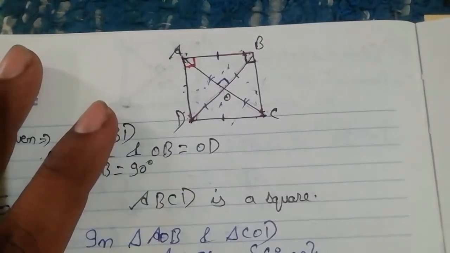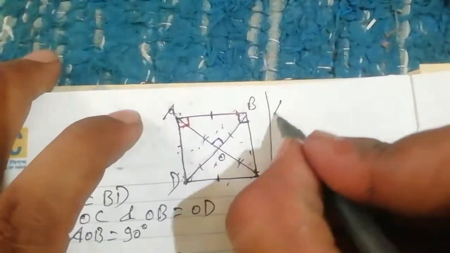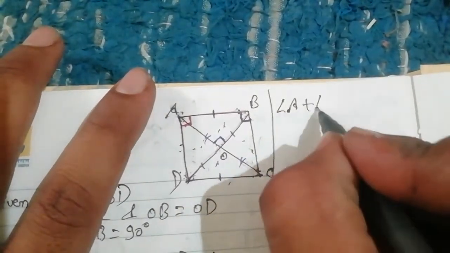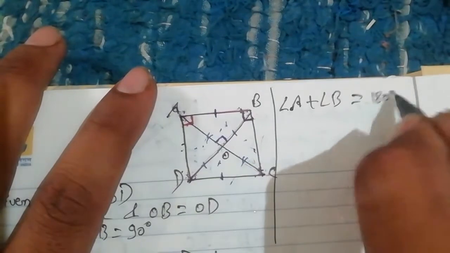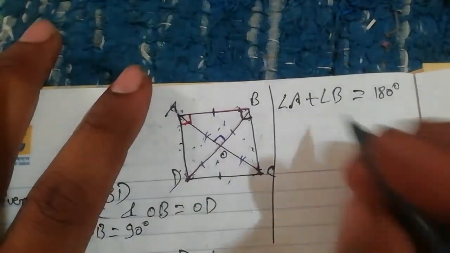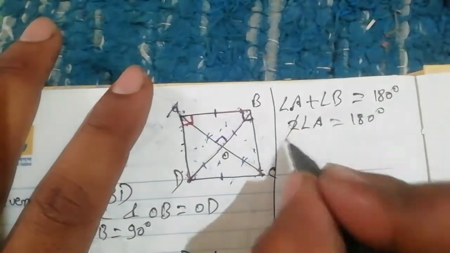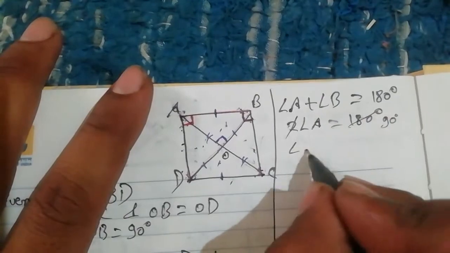So we can say that their sum will be 180 degrees. So angle A plus angle B is equal to 180 degrees, but we have proved that these two angles are equal. So here we can write 2 angle A is equal to 180 degrees, and angle A will be 90 degrees.